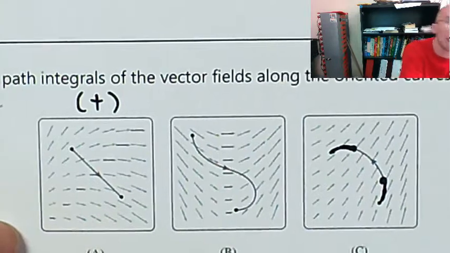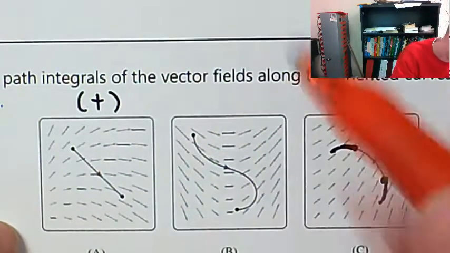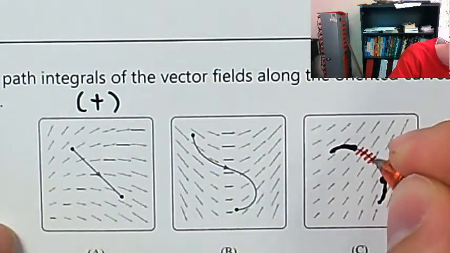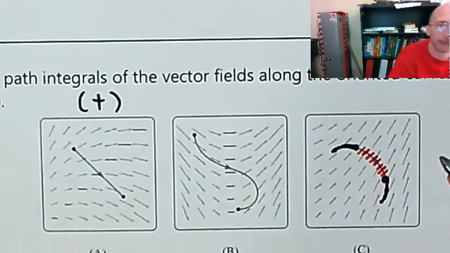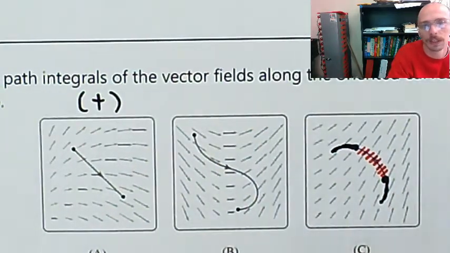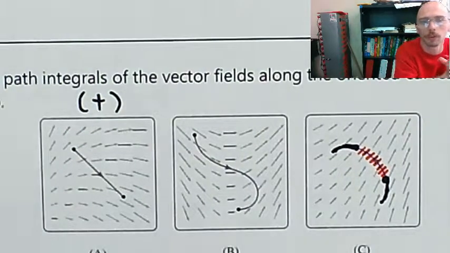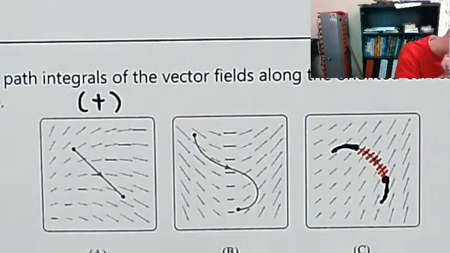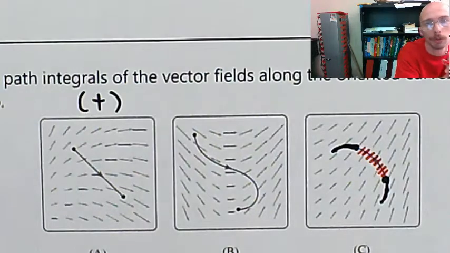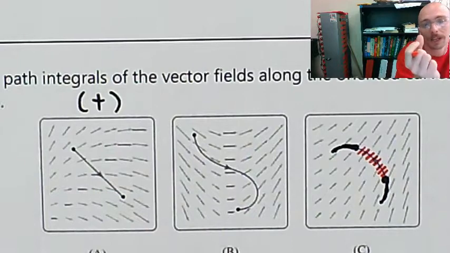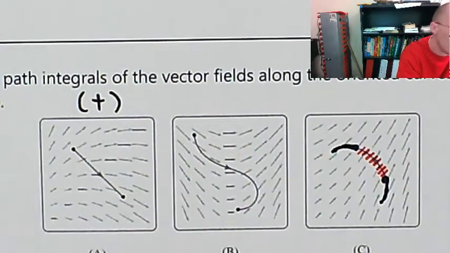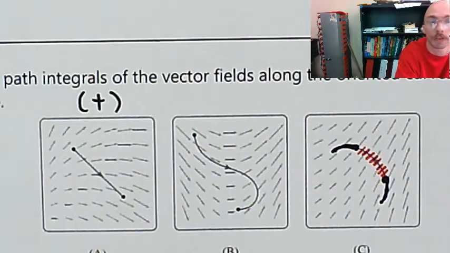And then in the middle, where I'm going to highlight in red, it's very much sitting against, or orthogonal to, the vector field marks. And so we know that the dot product of two orthogonal vectors is 0. So if I had an area where it was positive, an equivalent area where it was negative, and then an area where it was about 0, I think that this one's going to be the closest to 0.